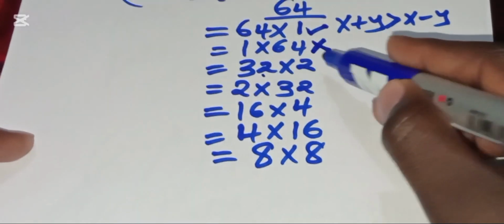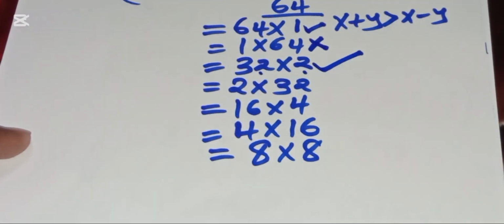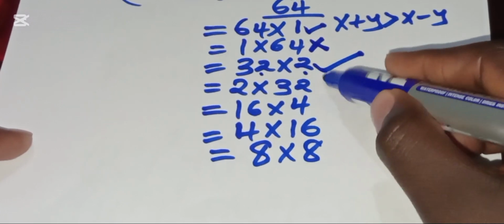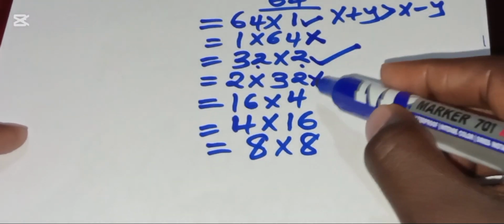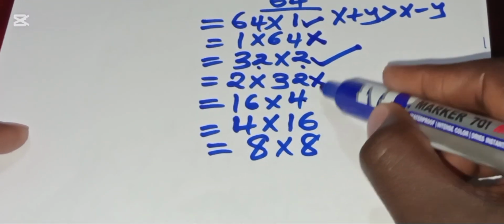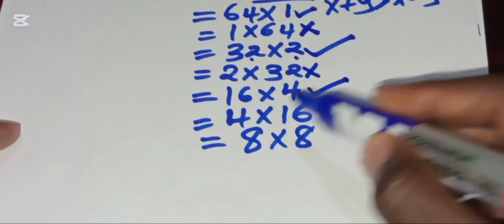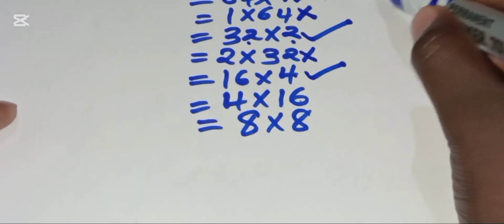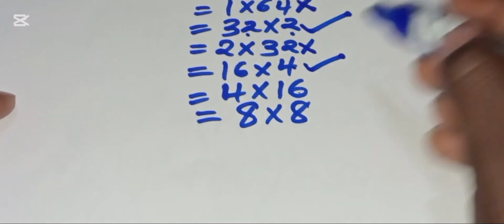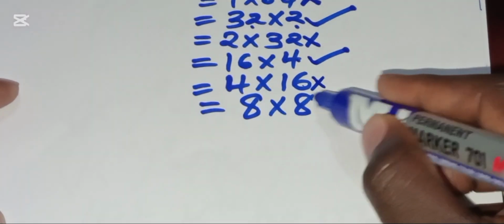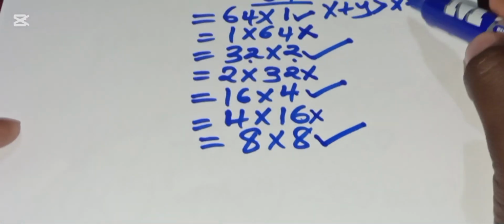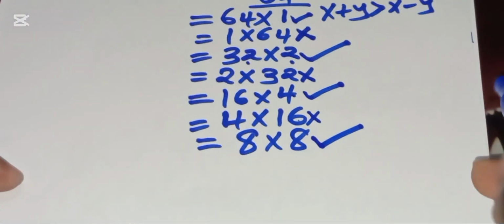Then 32 is greater than 2, which satisfies the condition, and 2 is less than 32, so this will not satisfy it. 16 is greater than 4, so this satisfies the condition. 4 is less than 16, so x plus y will not be greater than x minus y, so this will not satisfy. And 8 times 8 will satisfy, since x plus y is greater than or equal to x minus y. So we have 4 cases.